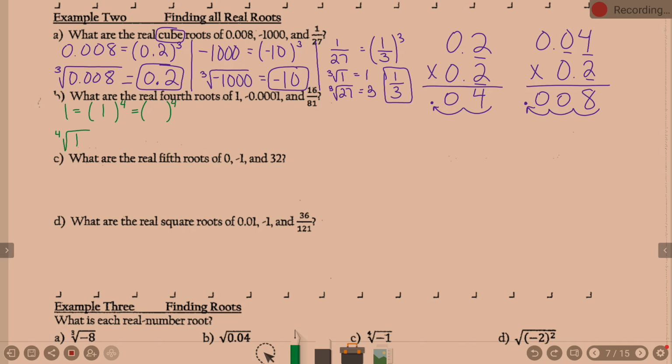No. So one thing I want you to know is that there is one real root. And the other thing I'm going to comment on, what do you know about the sign? If my original base was positive, my answer is positive. If my original base was negative, my answer is negative.